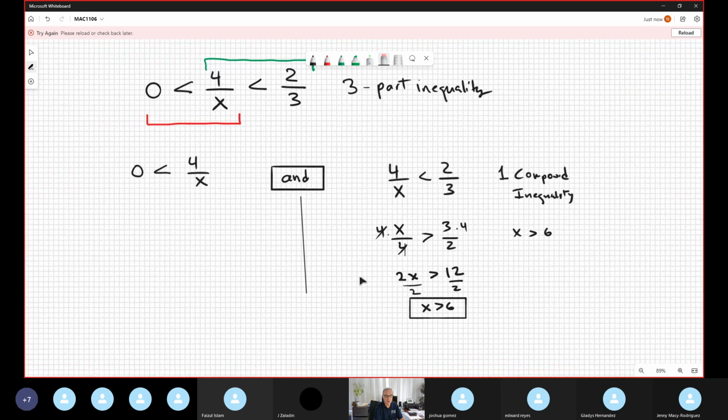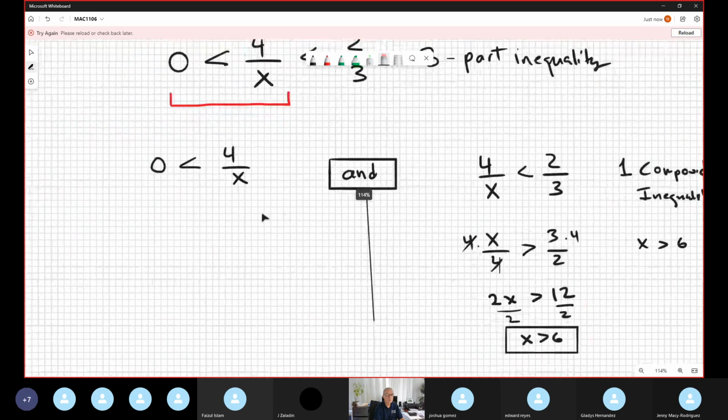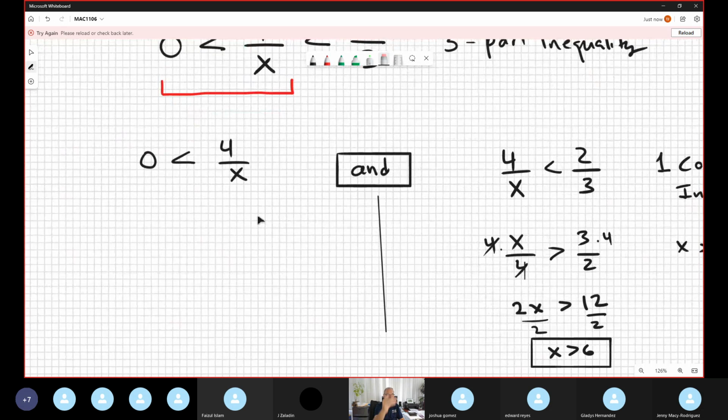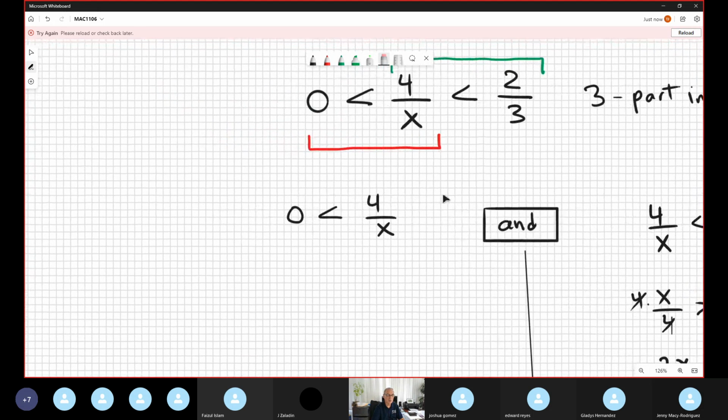The second piece, I go to this. Okay, this again, I don't feel comfortable. I don't feel comfortable when the variable x is located in the right-hand side. No, never. Any inequality I solve, you solve like that.